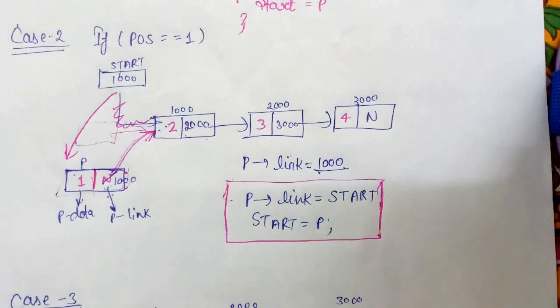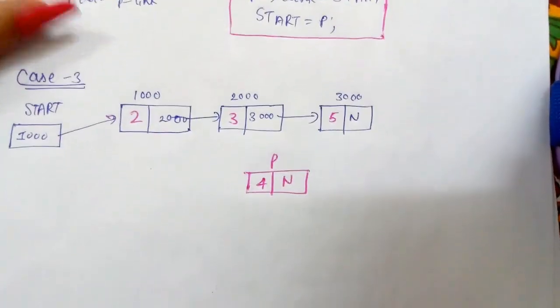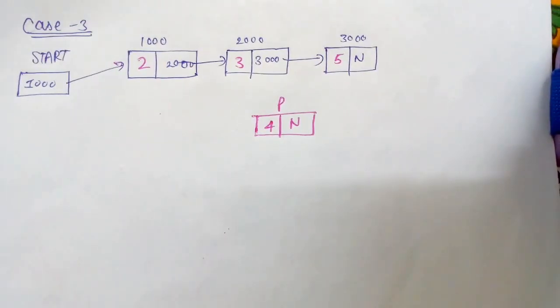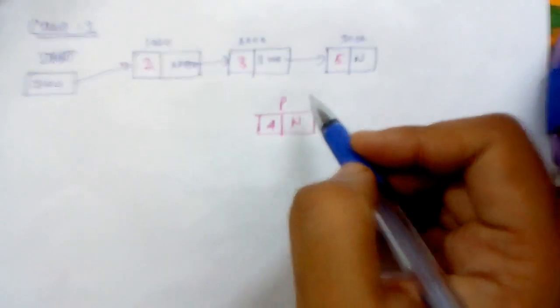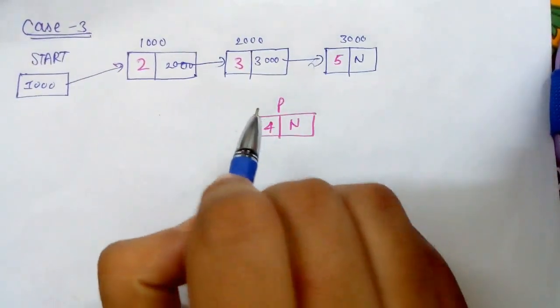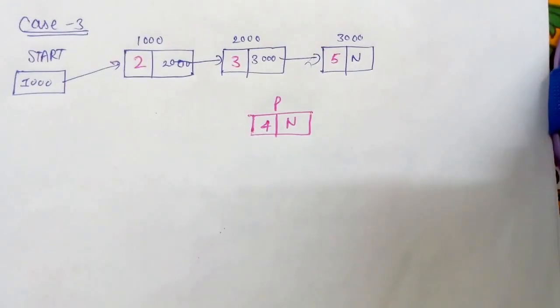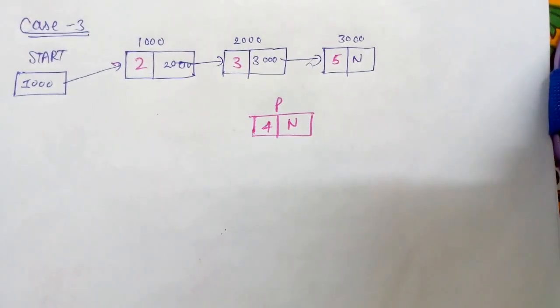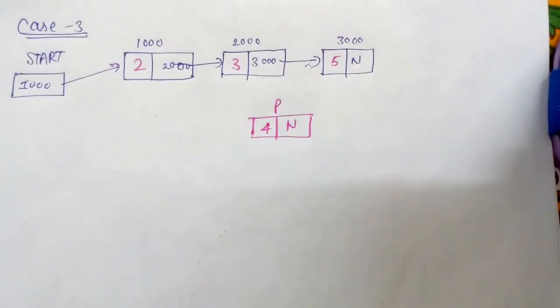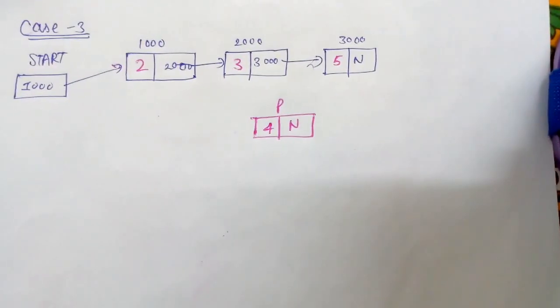Now in another case, what can happen is that the user wants to insert at any other position, like into the third position. If the user wants to insert at this position, we have to adjust 2 pointers.